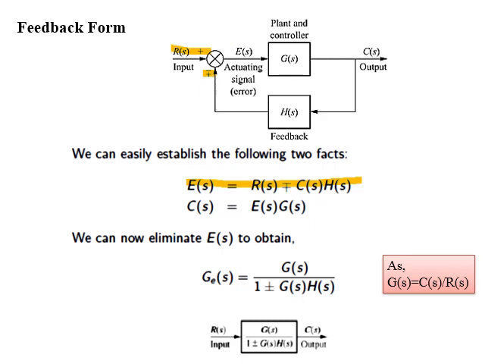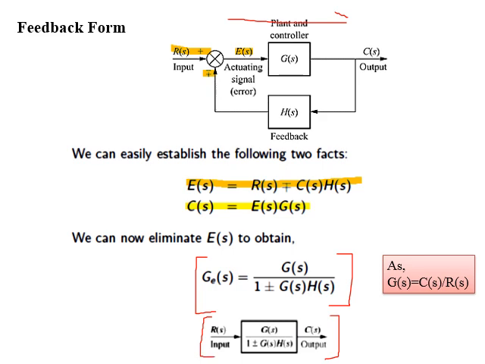And if you look at the forward path, we know that output C of S is equal to G of S multiplied by E of S. Now if you substitute error in the output relation and with rearrangement, we will get our equivalent transfer function, which will be equal to output C of S divided by input R of S. And this is also shown in the figure.